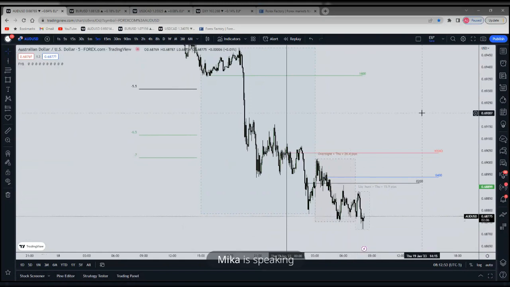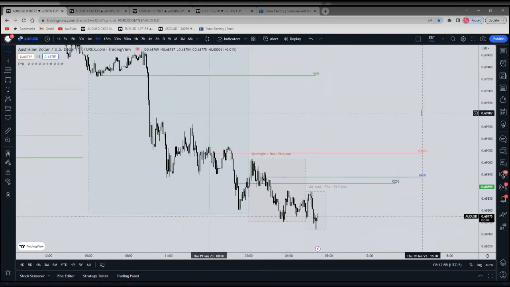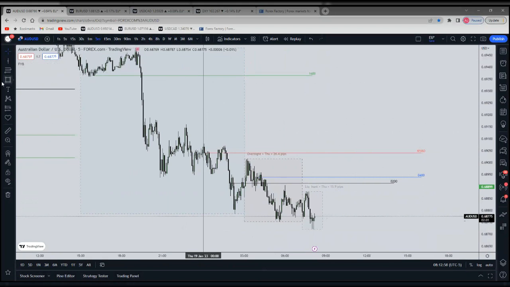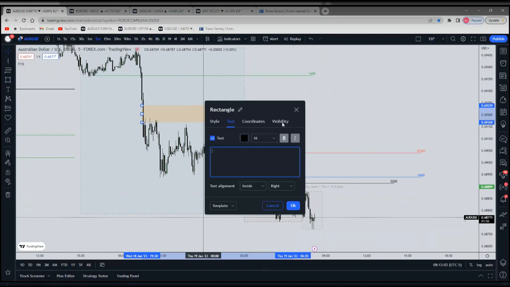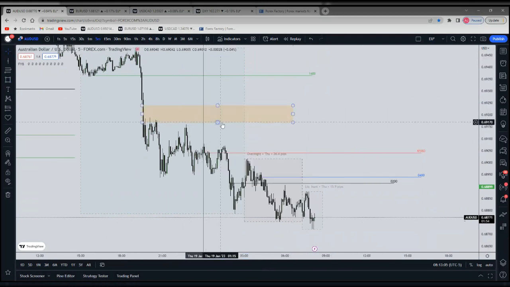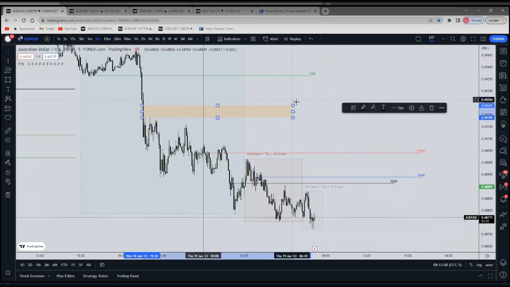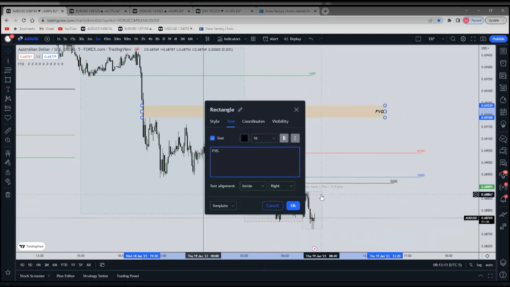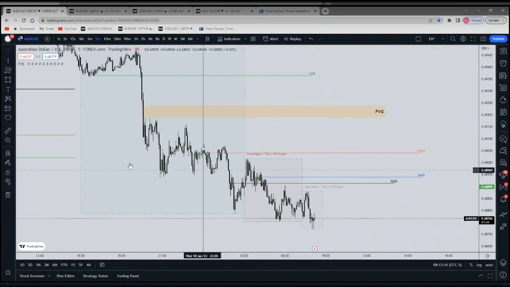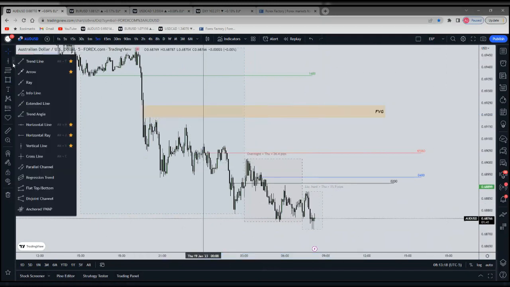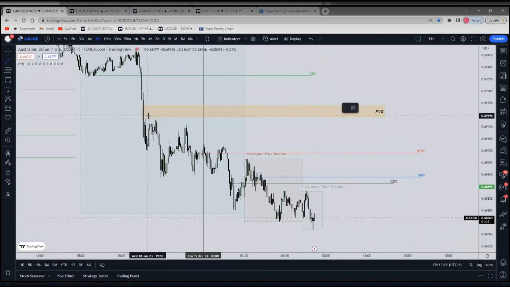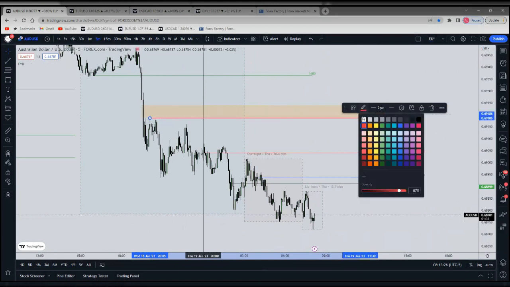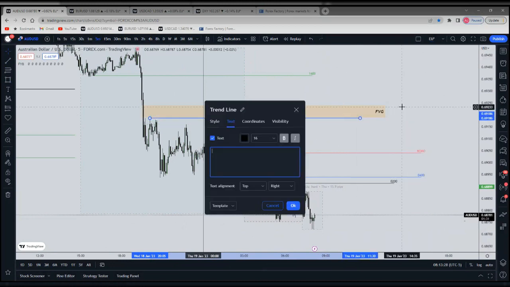And since price has been dropping since yesterday, we can expect a measure of retracement up until, for example, this fair value gap that hasn't been filled completely. Just drawing real quick.